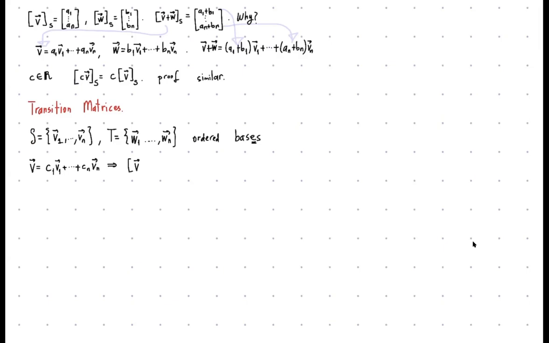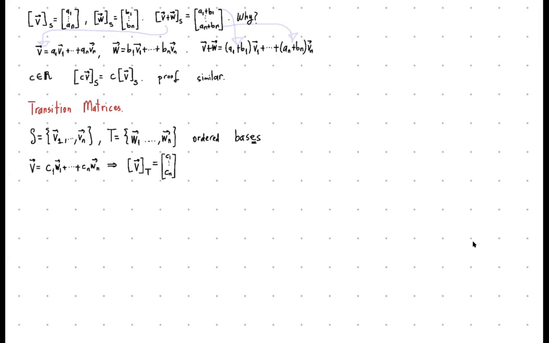So let these be W. Okay, so what does it mean? This means that the coordinates of V with respect to this ordered basis T is this column vector C1 to Cn.